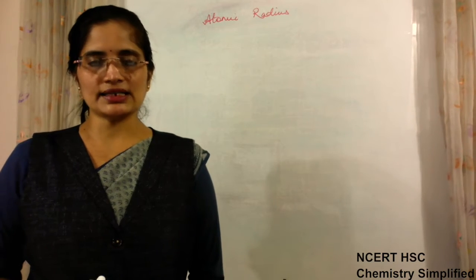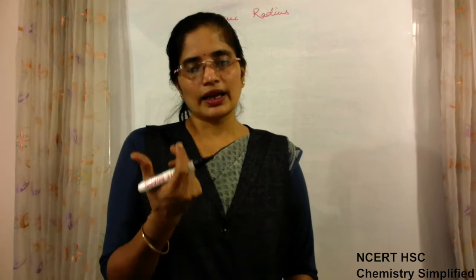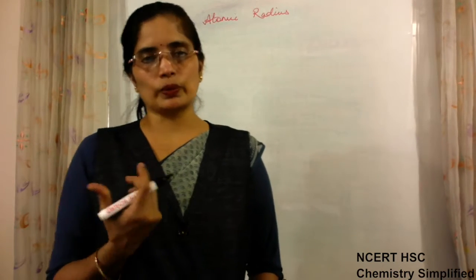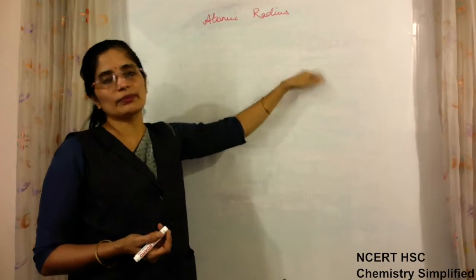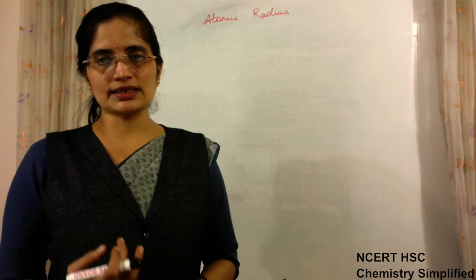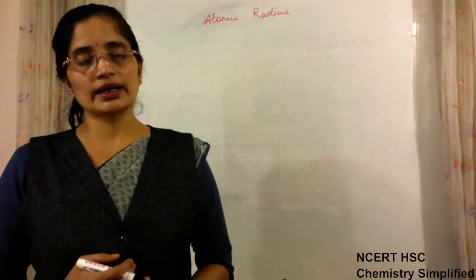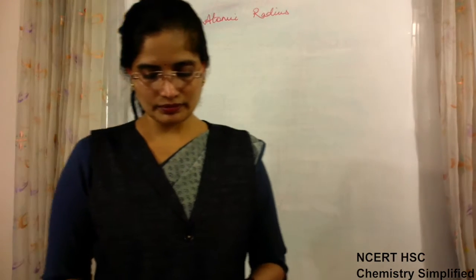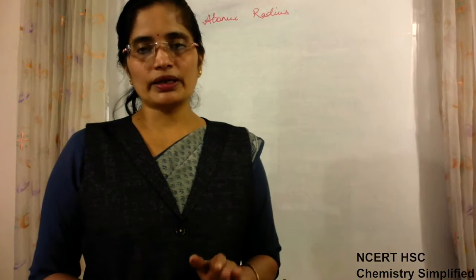When they are in the combined state, we cannot measure the radius directly; we always take the average of the distance between two. So directly atomic radius cannot be measured because there are no well-defined boundaries, and they are always in the combined state, so we take the average distance. Keeping this in view, we never measure atomic radius directly.